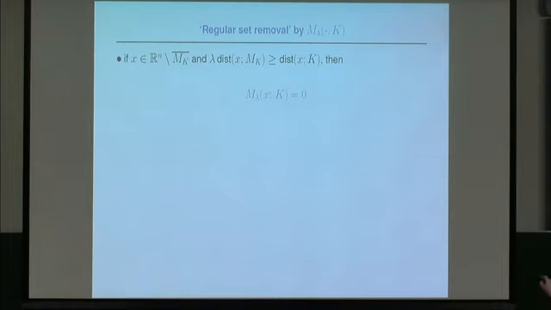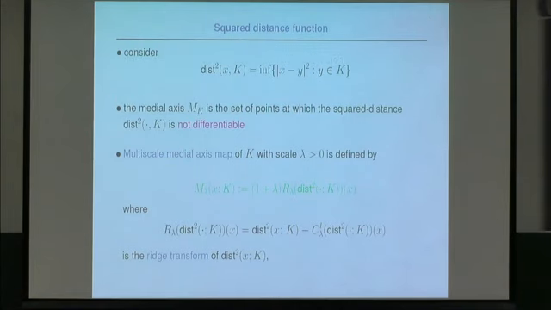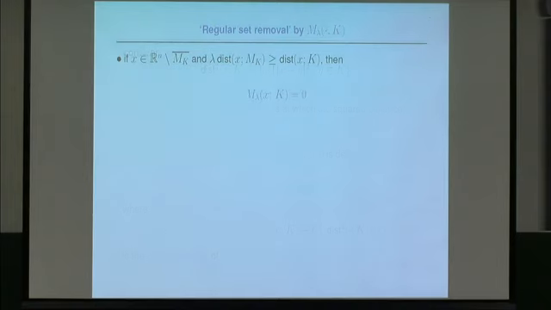Then we get that this medial axis map is equal to 0. Right? So remember that the medial axis map was just a ridge transform, so the medial axis map being equal to 0 just says that the square distance is equal to the lower transform. So this is what we would expect from the examples that we saw before, that when you're not close to the medial axis, then the two things will be equal, at least when lambda is large.